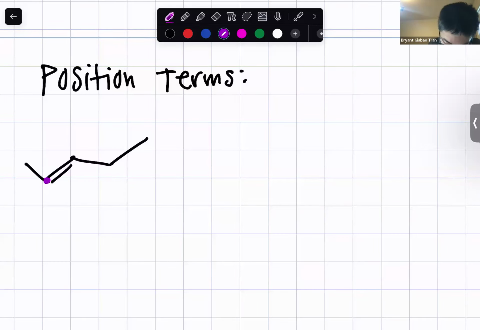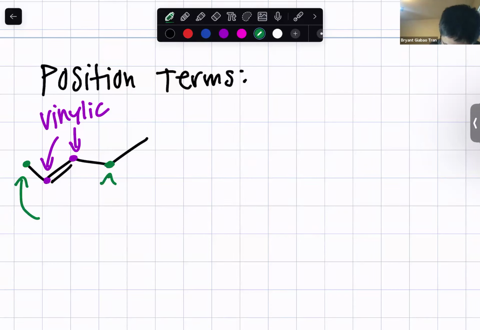The carbons that are part of the double bond directly are vinylic. The carbons that are one away from the double bonded carbons are allylic.